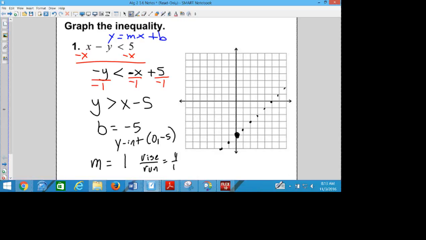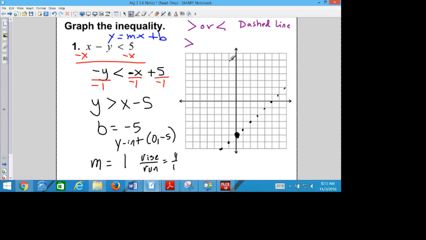The next thing that is special about this inequality is when you go to connect those dots, sometimes we connect them and sometimes we don't. When you did this back in the day in Algebra 1, if you had a greater than or a less than, you would have to make it a dashed line. That's because it's not equal to that line. It is either greater than or less than, but not equal to, so you can't actually draw the line.